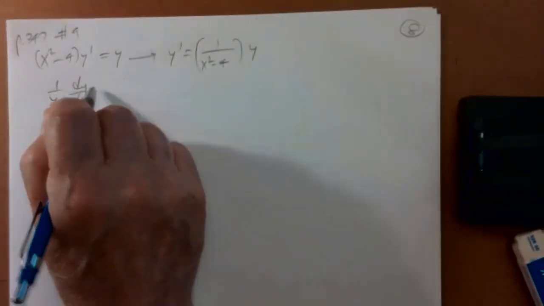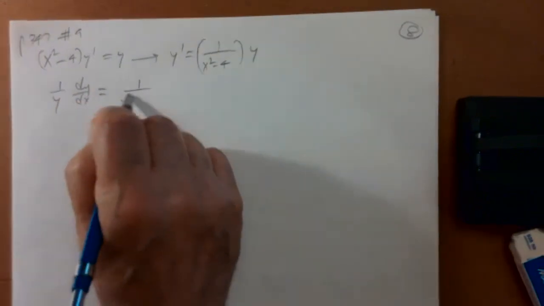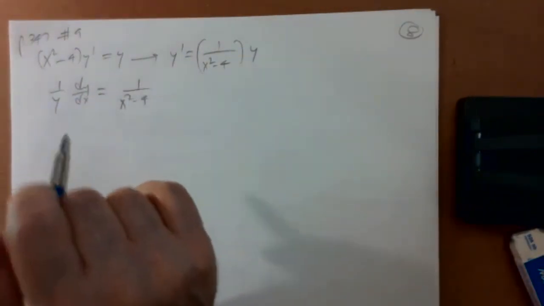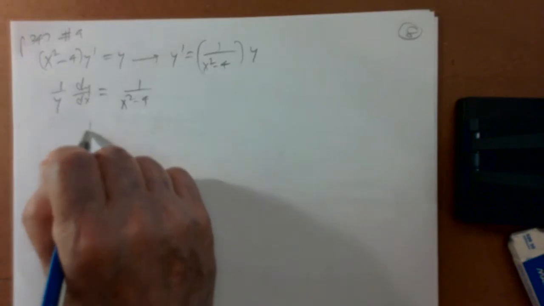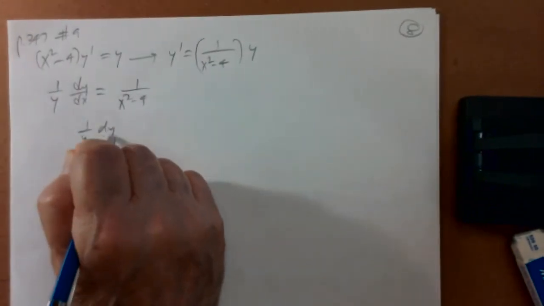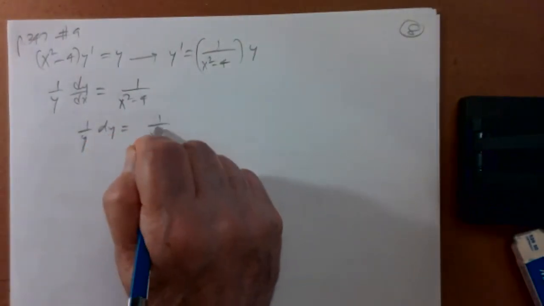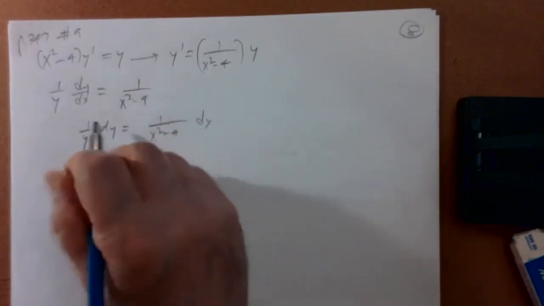And in that form, we see that the equation is separable. So we can write 1 over y times dy/dx equals 1 over x squared minus 4. So when we integrate, we get the integral of 1 over y dy equals the integral of 1 over x squared minus 4 dx.